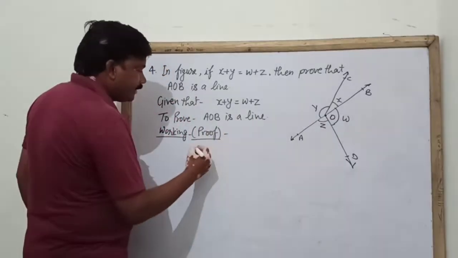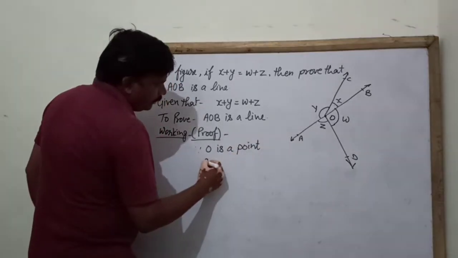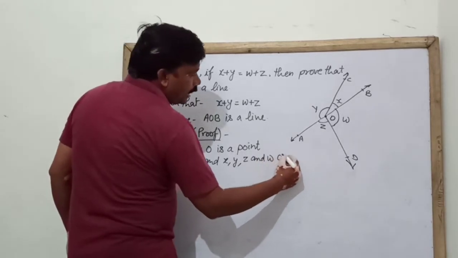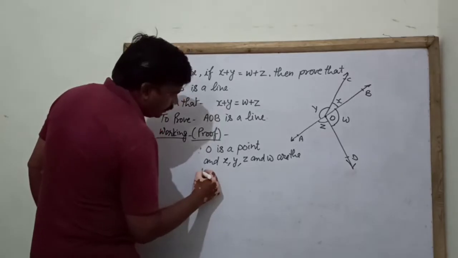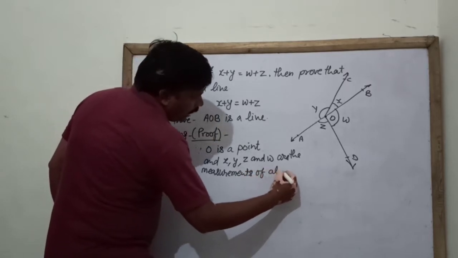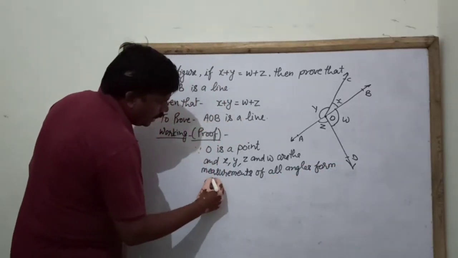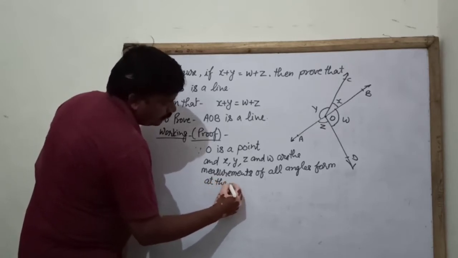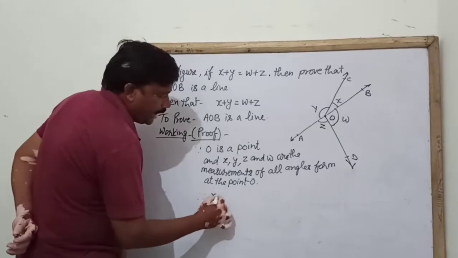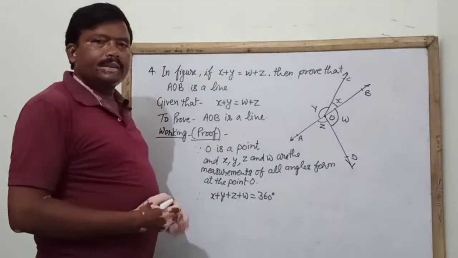Since O is a point and x, y, z and w are the measures of all angles formed at the point O, so x plus y plus z plus w equal 360 degree. You can write it as.